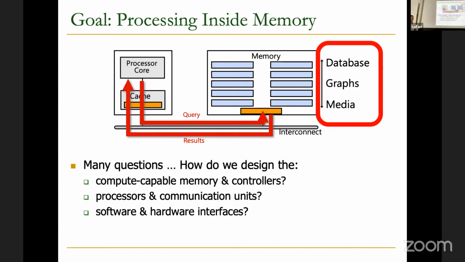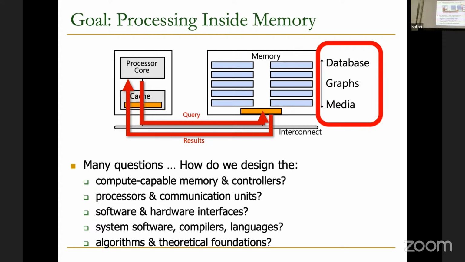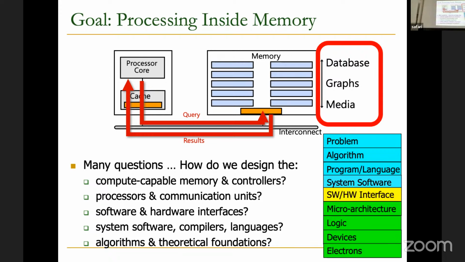What is the hardware and software interface that allows the processor to communicate with the memory? What types of compilers and programming languages do we need for this type of system? And what changes in the algorithms do we need to enable this type of computation? All of this requires a holistic view of the computer architecture stack.